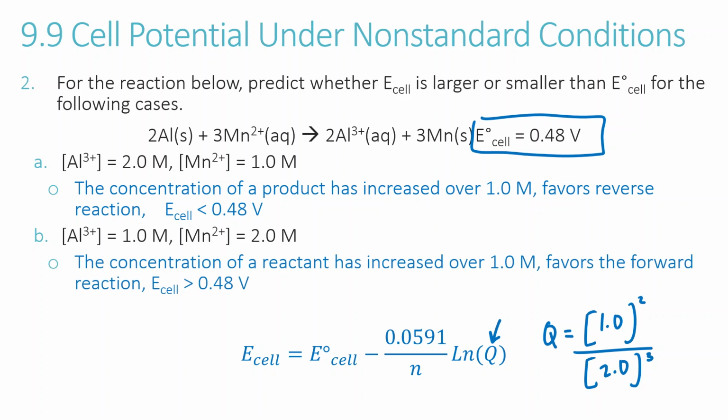You could also think of this as a Le Chatelier problem as well. So since we're increasing the amount of a reactant here, that's going to favor our forward reaction. So E cell, whatever it is, is going to be bigger than my non-standard voltage.